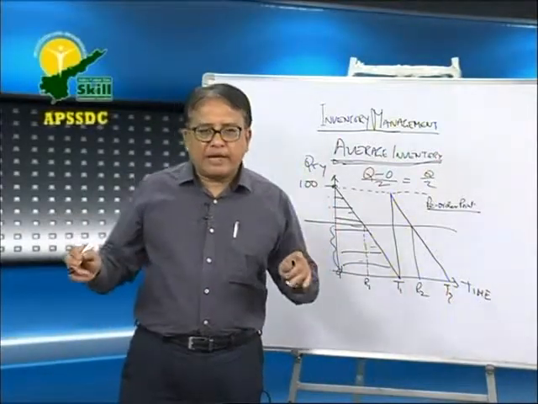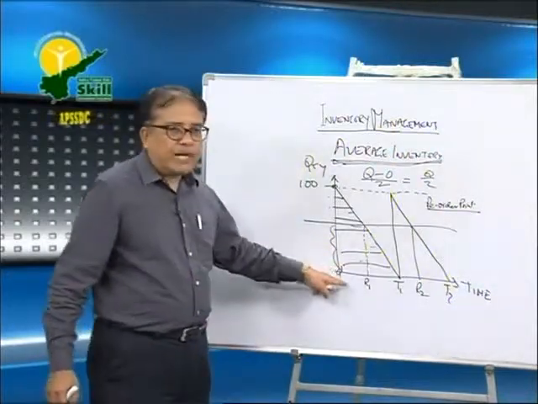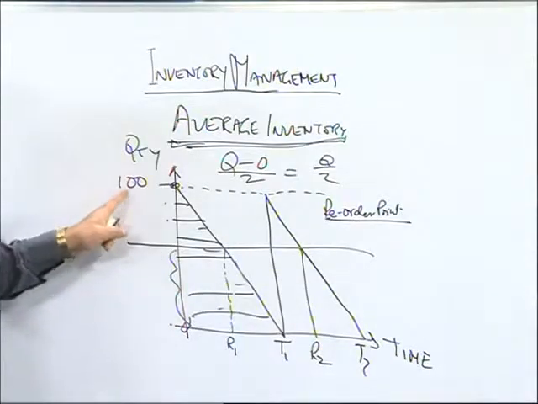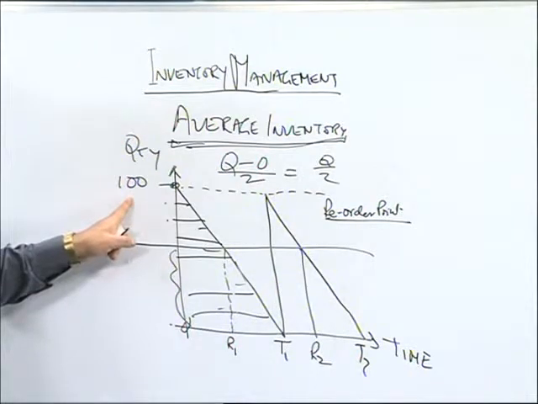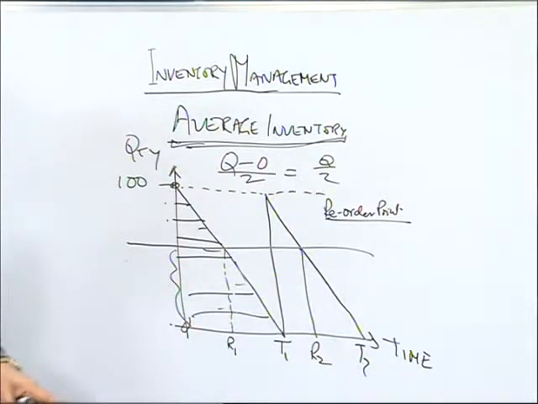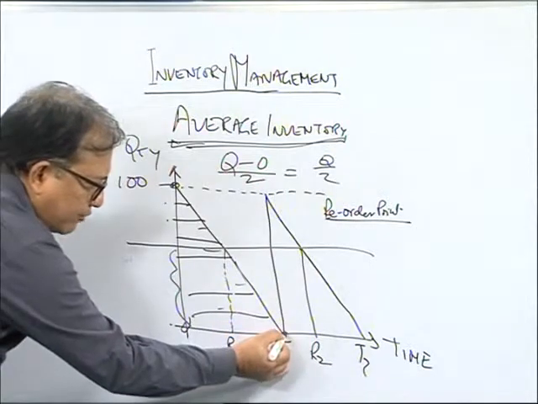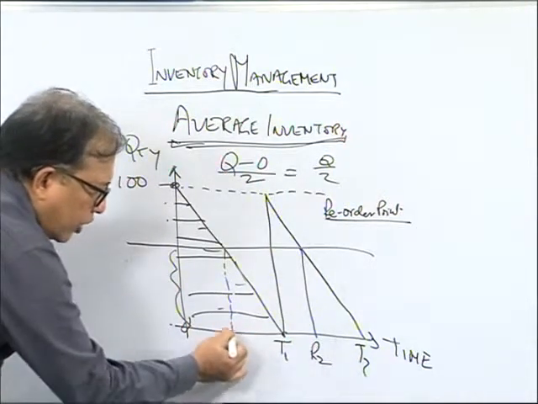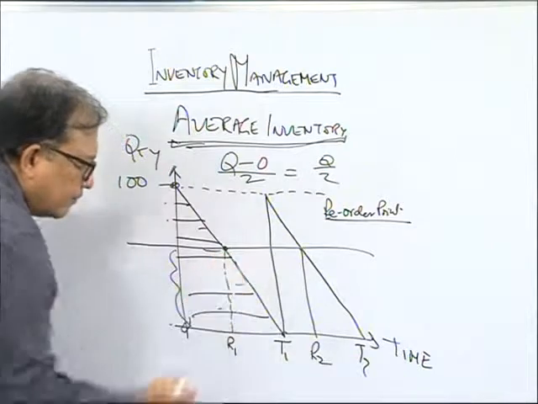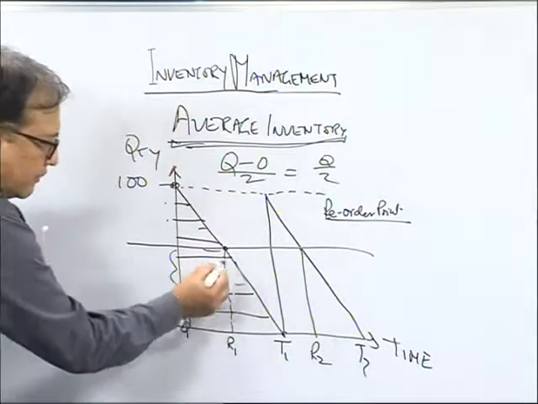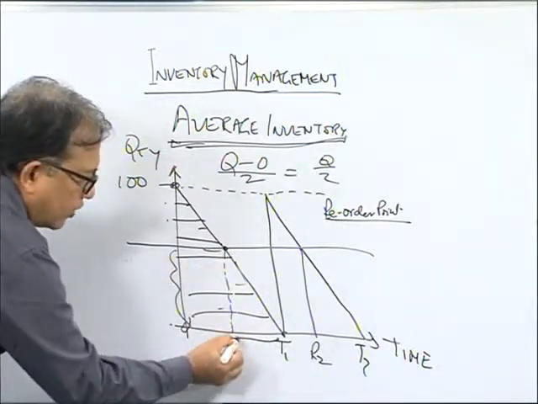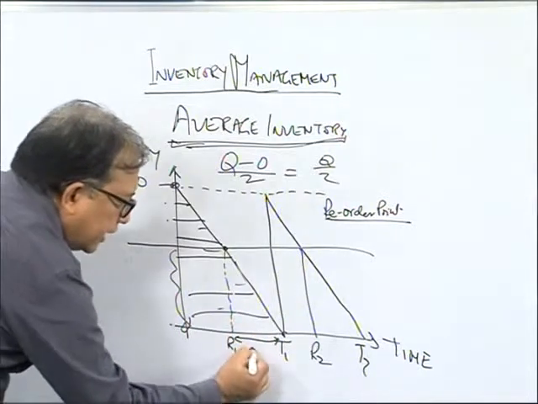But at the same time, the supplier of these jeans will need some time to deliver the shipment. So he will order before it comes to 0 at T1. So you order over here, and this is what is called lead time.